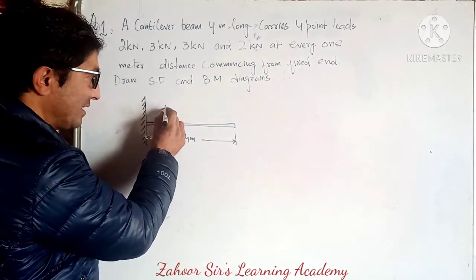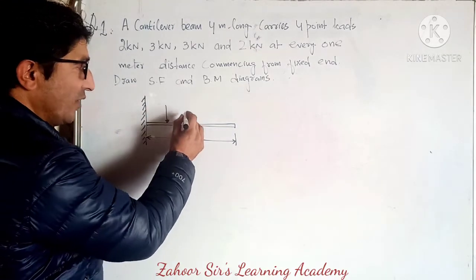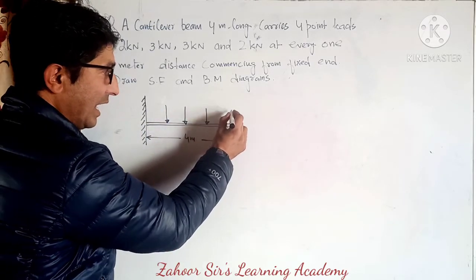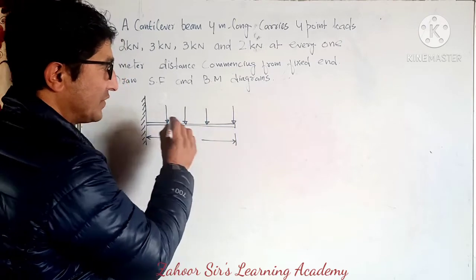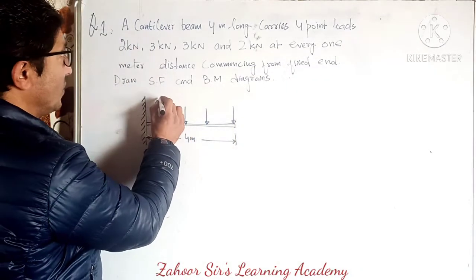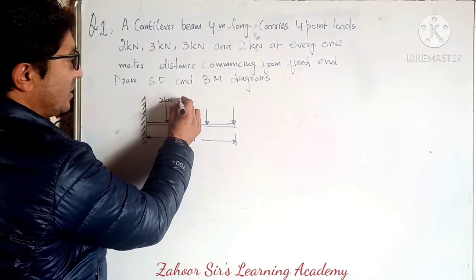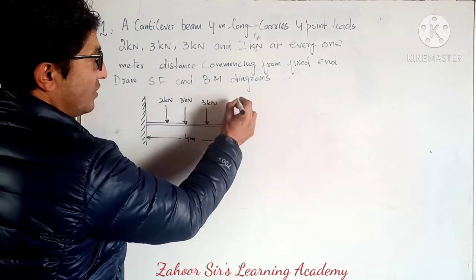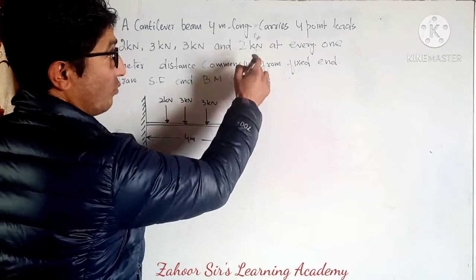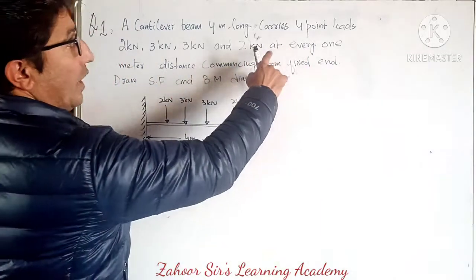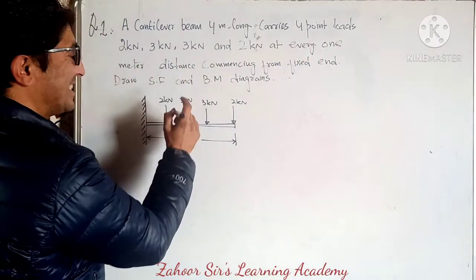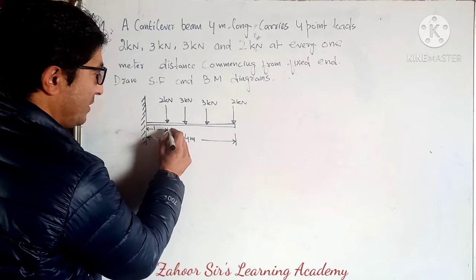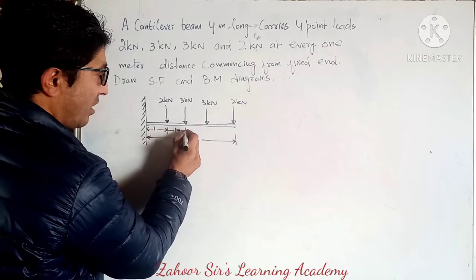That means one load is here, then 1, 2, 3 and 4. The first load is 2 kilonewton, then 3, 3 and 2, and they are 1 meter apart from each other.